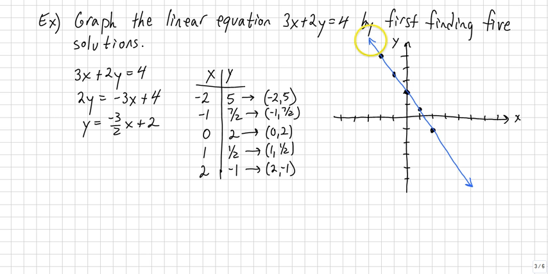So all of the coordinates along this line are solutions to this equation. And since the graph is a line, it's a linear equation. So there's an infinite number of solutions that lie along this line that would solve that equation. And this graph shows the audience approximately where all the solutions would be.